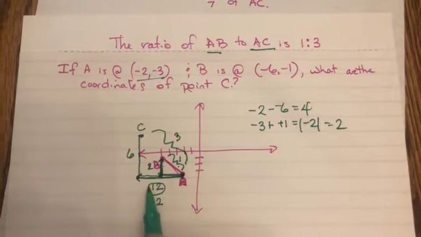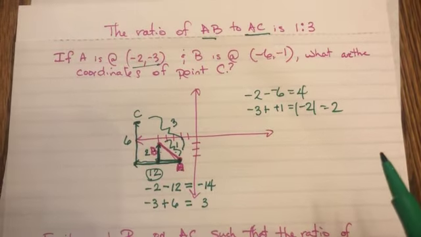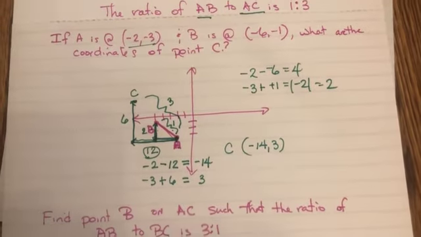And the other half of the coordinate was at -3. And this time I'm rising 6 units, so I'm going up 6 units, and I'm arriving at +3. So the coordinates for point C here are -14, 3.